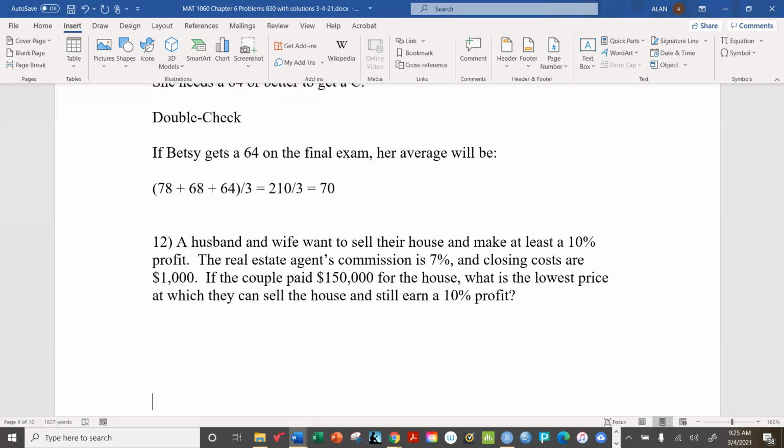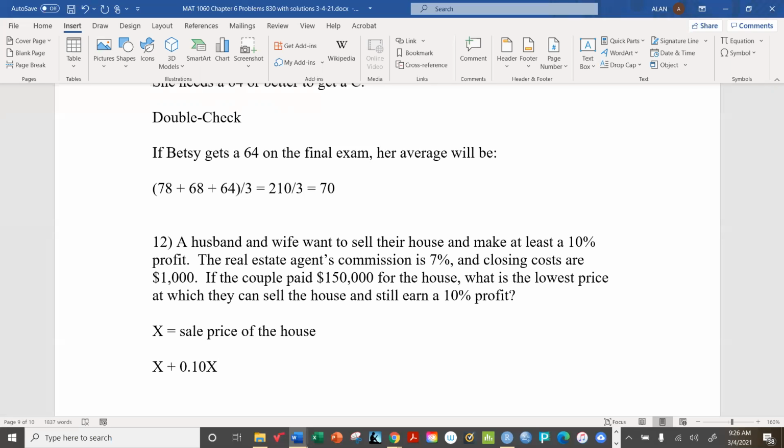So what's the lowest price at which they can sell the house and still earn that 10% profit? All right, so there's a lot of things we can do here too. Why don't we just put X equal to sale price of the house. Now, we know that in order to make the profit that they're looking for, we need to have the sale price plus another 10% for their profit. Okay.